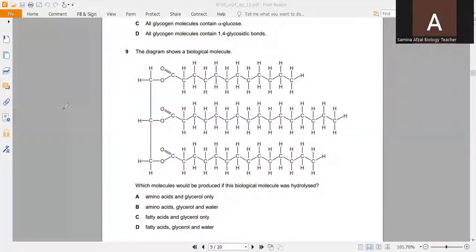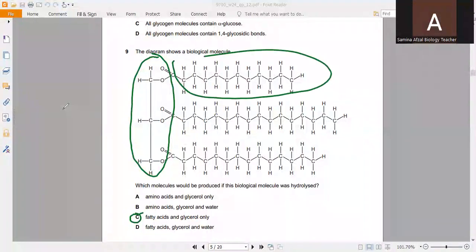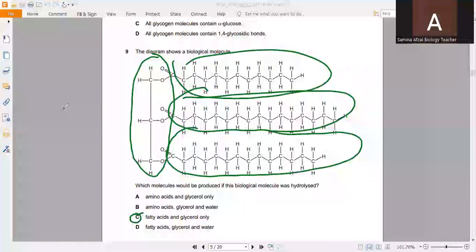Here you can see they have shown the triglycerides. When they are broken down, they are changed into glycerol and fatty acids. So when they are hydrolyzed, they are changed into fatty acids and glycerol only. These are the three fatty acids. So C is the correct option.